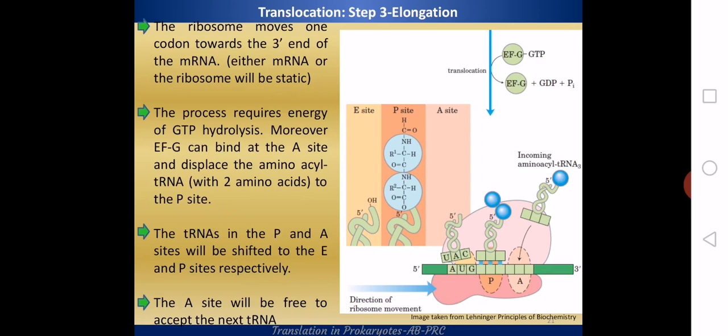So now the picture will be like there is a dipeptidyl tRNA at the P site and there is a deacylated tRNA at the E site, and the A site will be vacant. Clear?